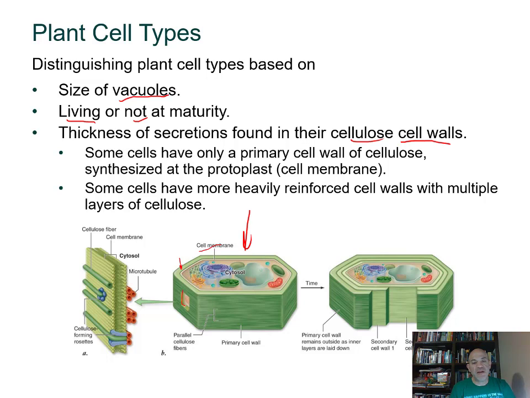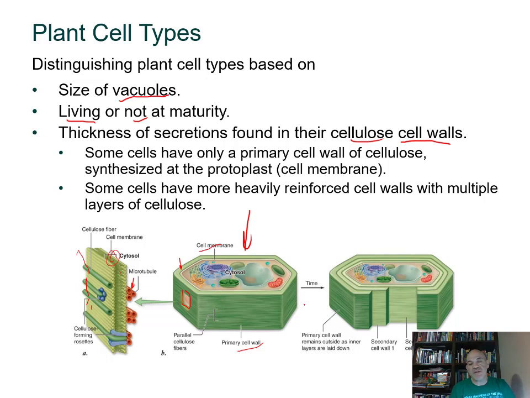If we cut out a little area from this plant cell and looked at it over here, you'd see some cytoskeletal elements. This is your membrane here, a phospholipid bilayer. And then on the outside, you can see the fibers of cellulose as they're being deposited there. Now, we can distinguish between these two cells because this one would only have a primary cell wall. That's the initial cell wall laid out on the cell.